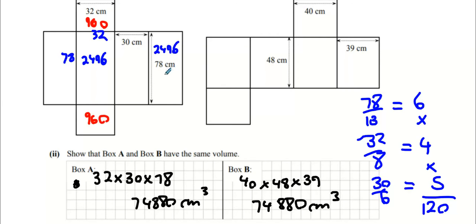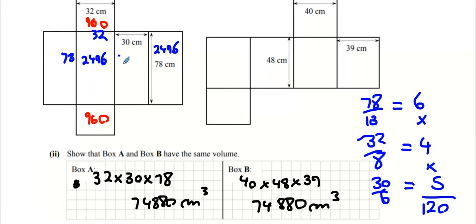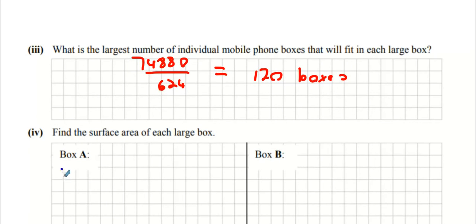The next one's 30 times 78. So 30 times 78 is 2,340. All right? So essentially what you're doing is 32 times 78, 30 times 78, and then you're also doing 30 times 32.